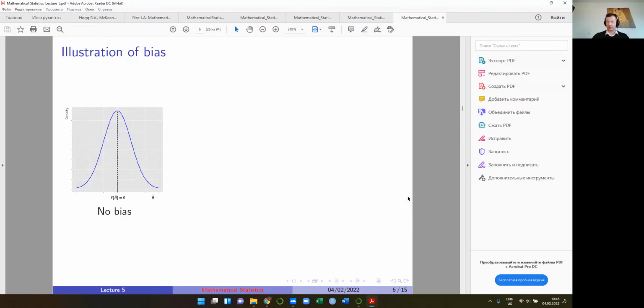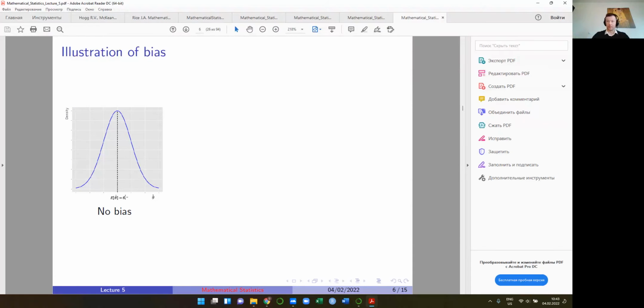Now here is an illustration. Look. The population parameter is a constant. It is located somewhere. And here the blue line is the distribution of your estimator.